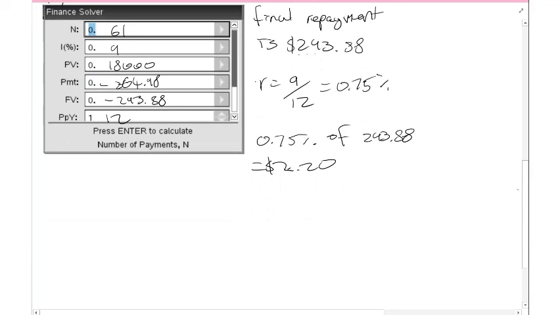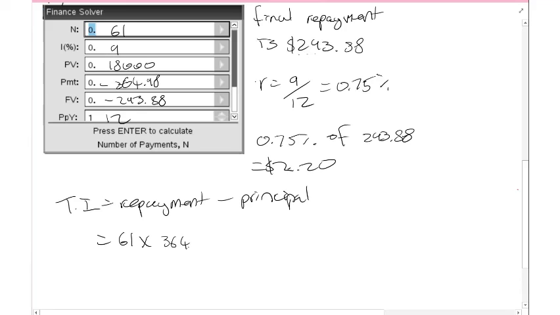So what we're going to have here is, again, total interest equals repayment minus principal. But that repayment now is 61 times 364.98 plus 293.88 plus 2.20.